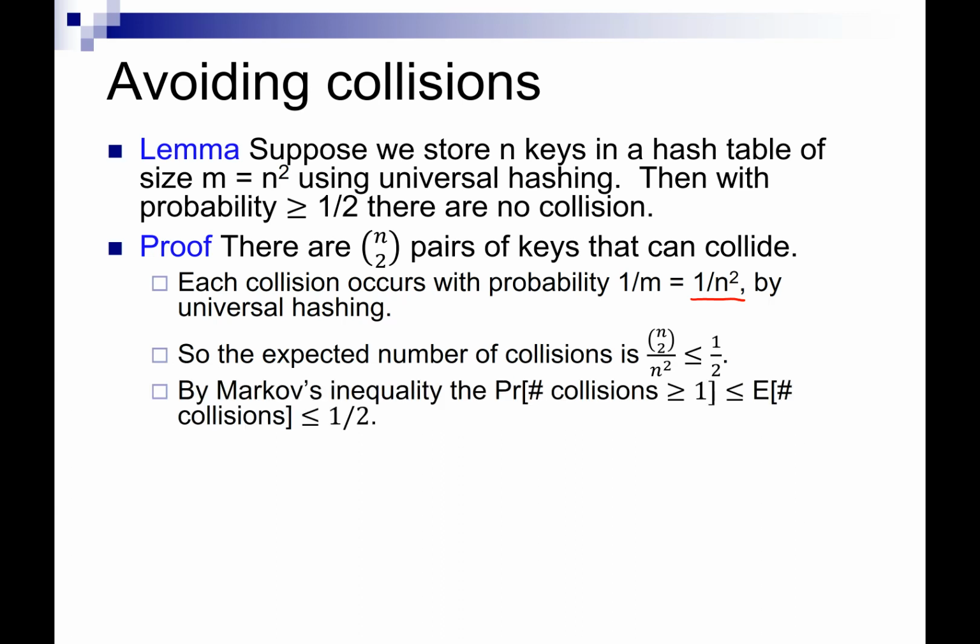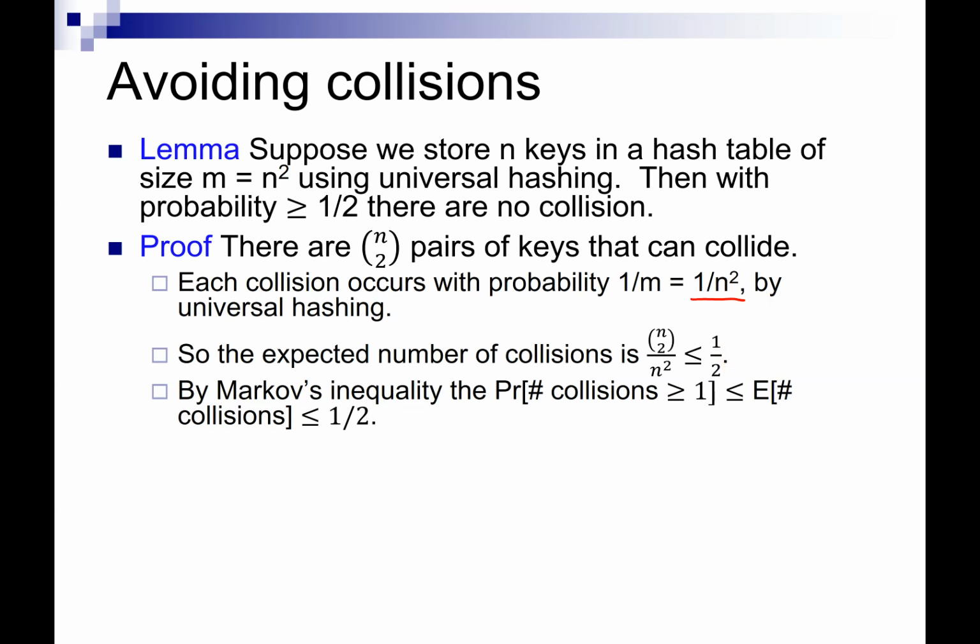Now we can use Markov's inequality, which says that the probability that the number of collisions is at least 1 is less than or equal to the expected number of collisions divided by 1. By what we just said, this is 1/2.